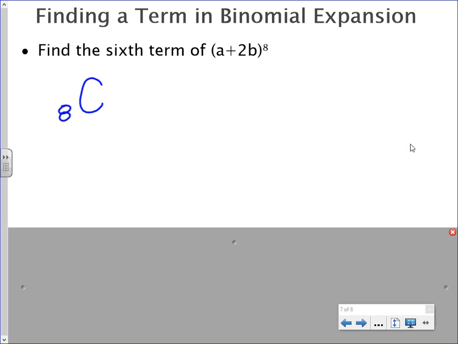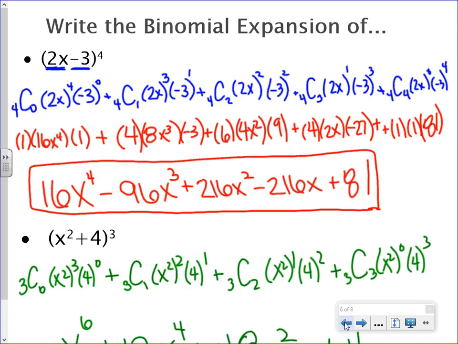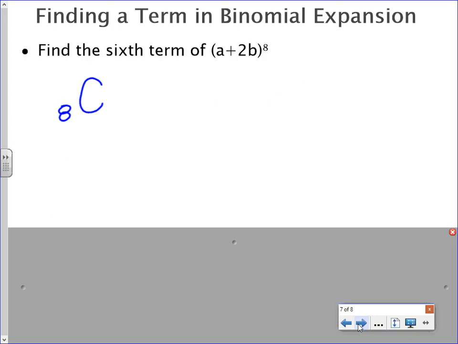I'm hearing 5, I'm hearing 6. Go 5. Okay, our first term always starts with n combinations of 0. So if I want my 6th term, our first term is 8 combinations of 0. Our second term, 8 combinations of 1. Our 6th term would then be 8 combinations of 5.